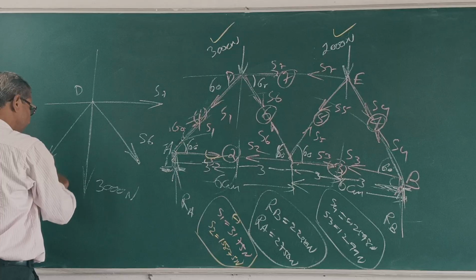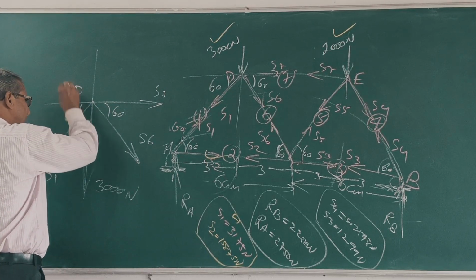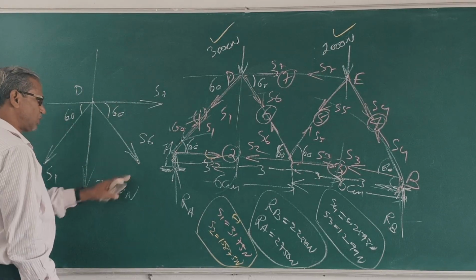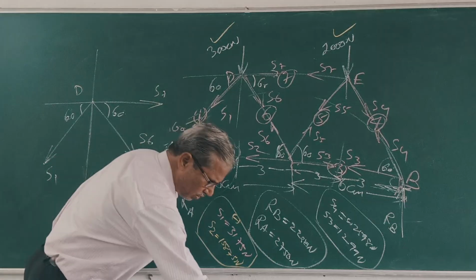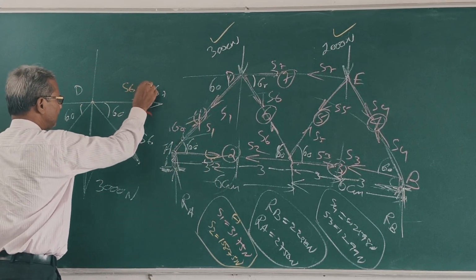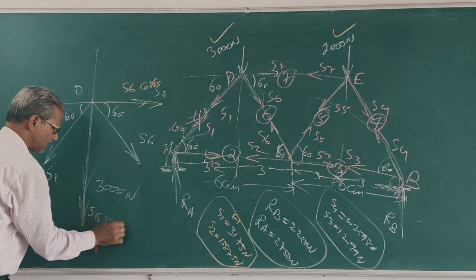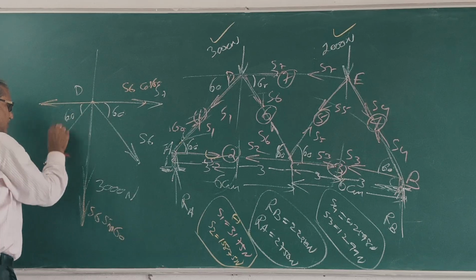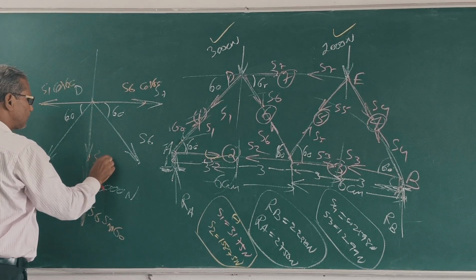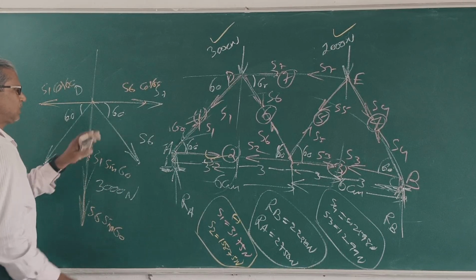For this angle 60 degree. Now resolve the two forces. So what is this force? S6 cos 60. This is S6 sin 60. This is S1 cos 60. This is S1 sin 60. Clear? Now sigma y 0, sigma x 0, make sigma x 0.